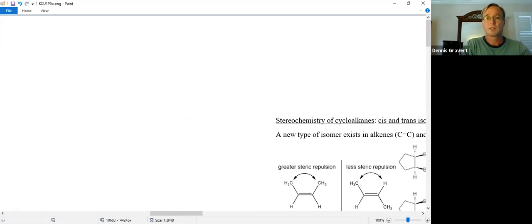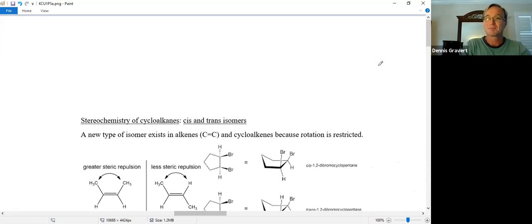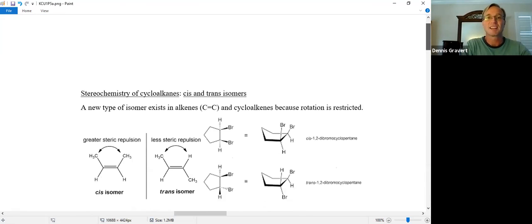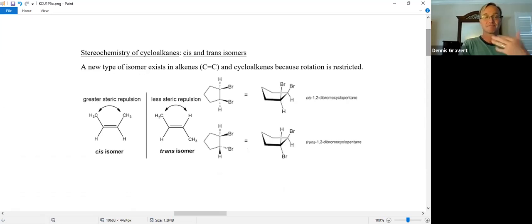So it used to be that single bonds were free to spin 360 degrees. And when you lock up those carbons in a ring, now you disable their free rotation.